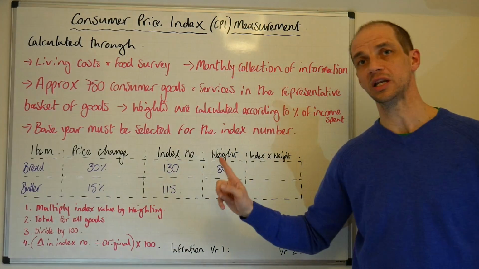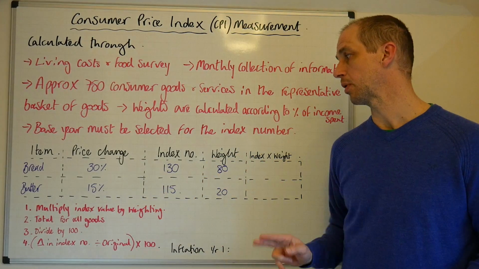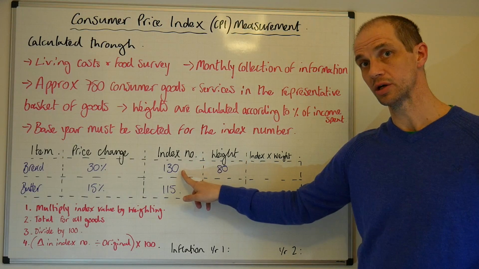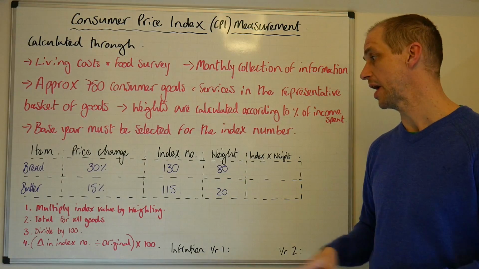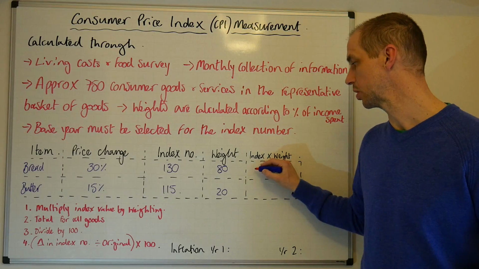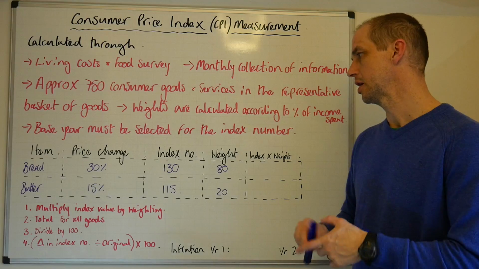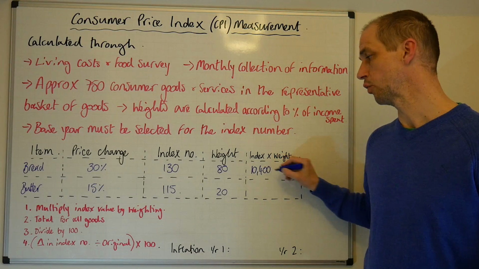So first thing we need to do is we need to multiply the index value by the weighting. So we can see the index value here as 130, and so now we need to multiply that by the weight there. So 130 times 80, well, let's work that through. Sorry, let's just do that in the other colour. And we can see we end up with 10,400.